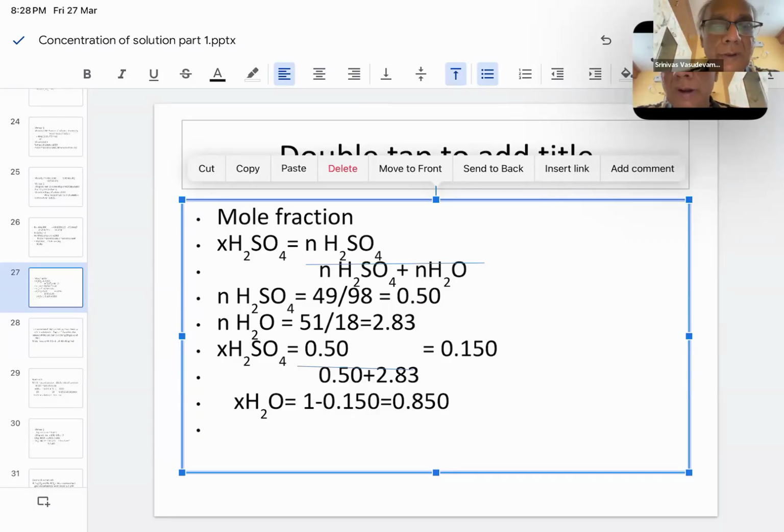So mole fraction of sulfuric acid is 0.50 divided by 0.50 plus 2.83, which is 0.150. Mole fraction of water is going to be, total mole fraction is 1, sulfuric acid is 0.150. So 1 minus 0.150 equal to 0.850 here, right?